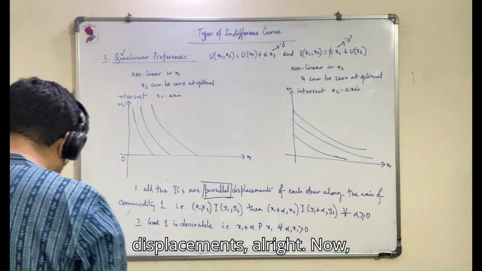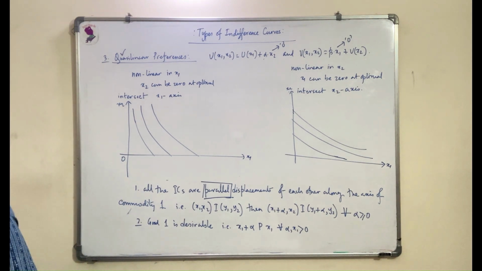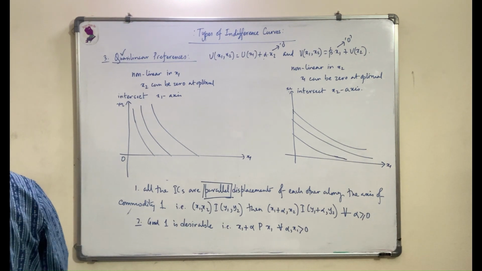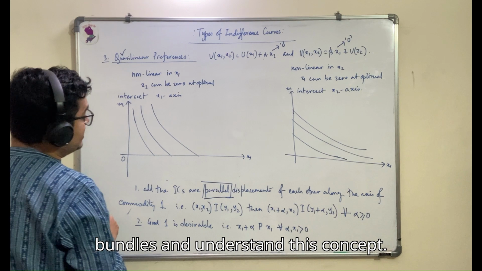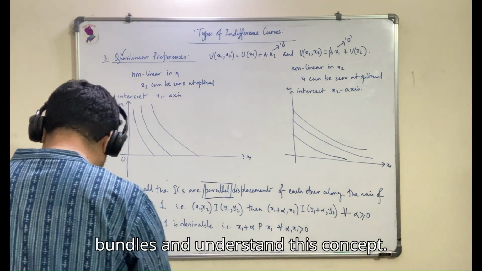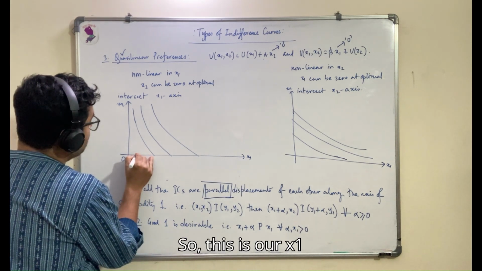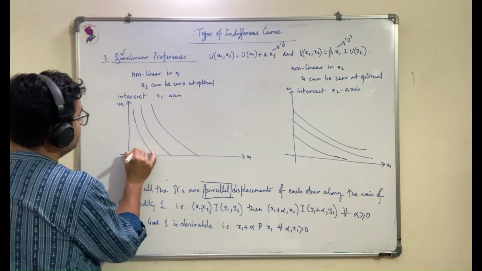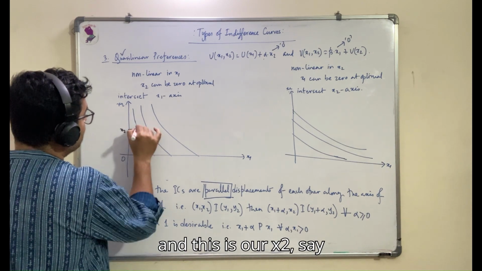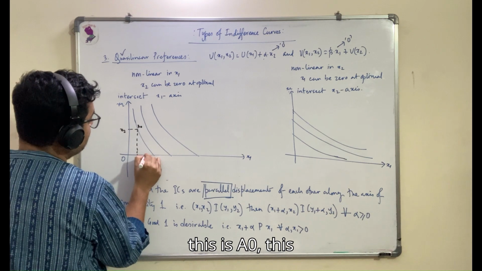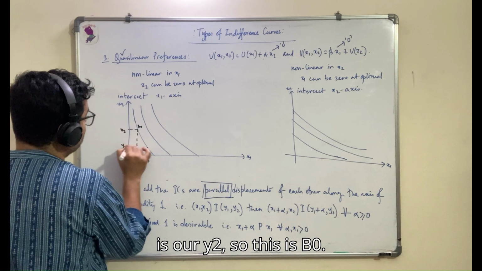Alright? Now, let us draw it. Let us take two bundles and understand this concept. So this is our x1 and this is our x2. Say this is a0, this is our y1 and this is our y2.